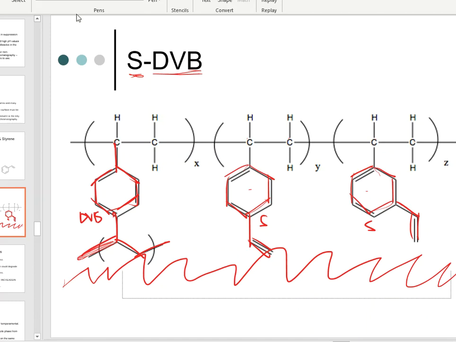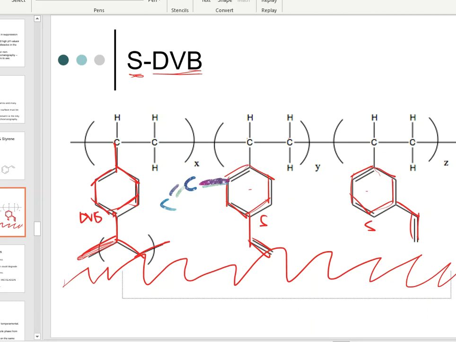The problem here with the slide is that the DVB is not properly represented in a way. So sometimes I would see a styrene like this, and then maybe every now and then I would see a double bonded carbon coming out at another location somewhere within the chain, but that gives you an idea of how this thing is going to be happening, right?